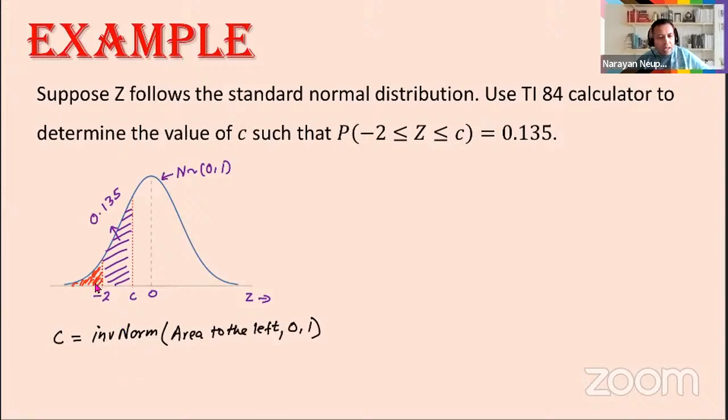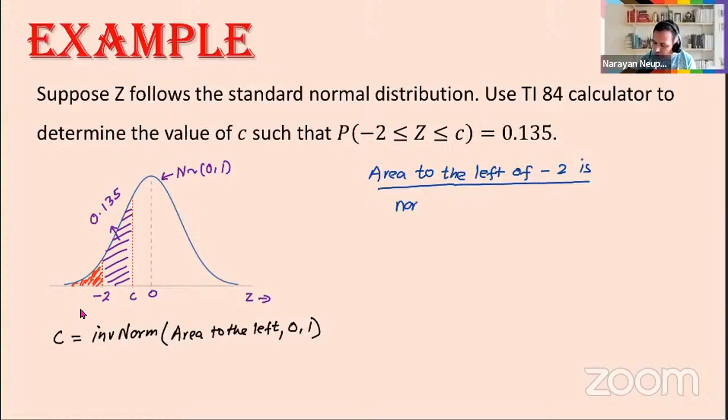So first of all, I need to find the area to the left of -2. So let's do that. To find the area or probability, we use normal CDF. The lower boundary for this area in red is negative infinity, -E99.